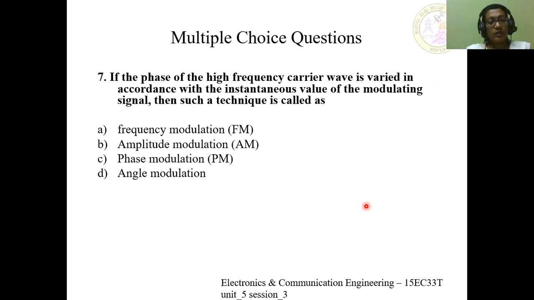Question number 7. If the phase of the high frequency carrier wave is varied in accordance with the instantaneous value of the modulating signal, then such a technique is called: A, frequency modulation; B, amplitude modulation; C, phase modulation; D, angle modulation. Answer is C, phase modulation.